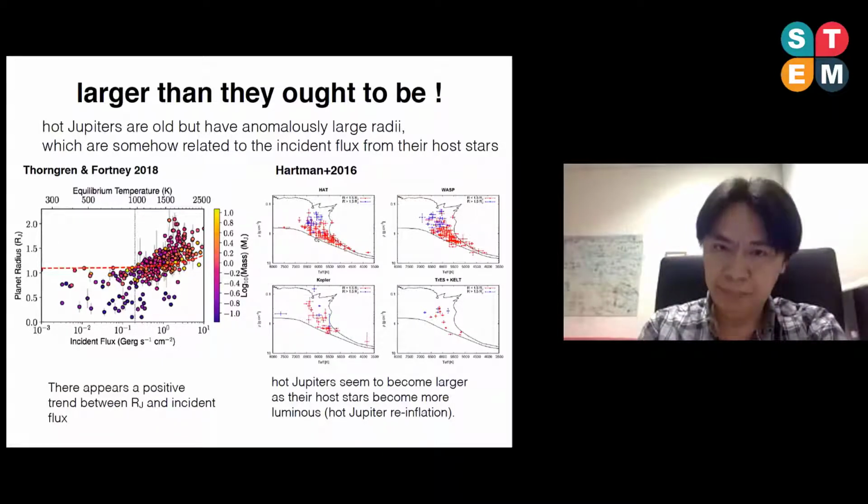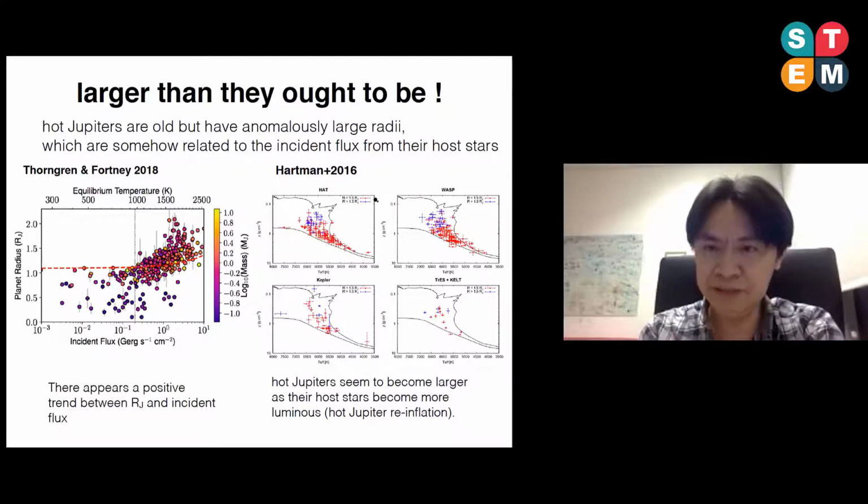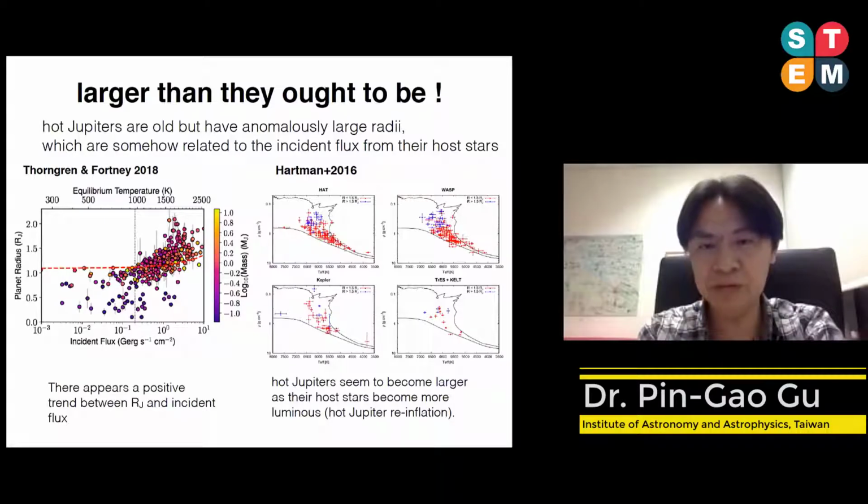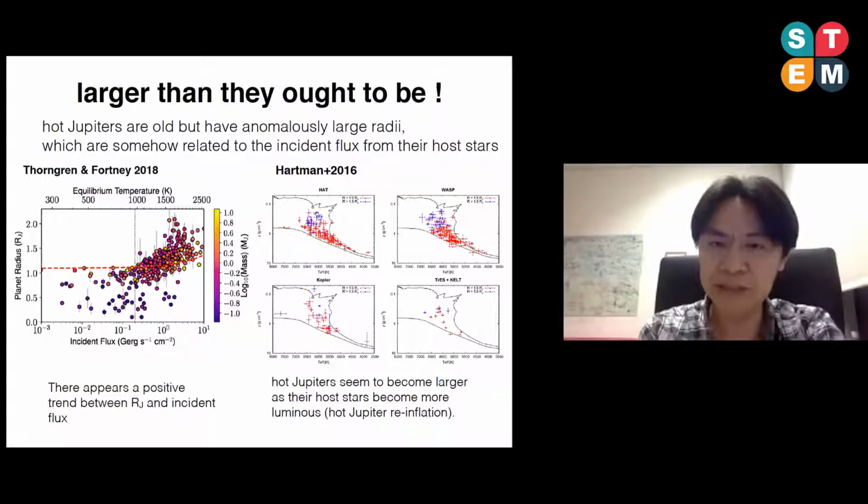On the other hand, the picture on the right shows the results from four different transit surveys, which give the planet radius. The red color are the planets with smaller radii, and the blue color is the planets with large radii. And this blue color is actually close to the stellar isochrone, which is about 13 giga years old.